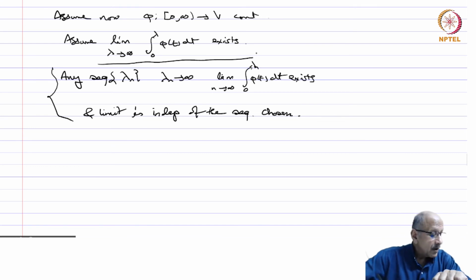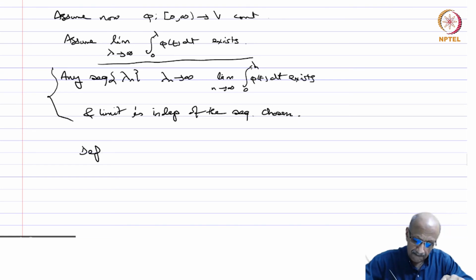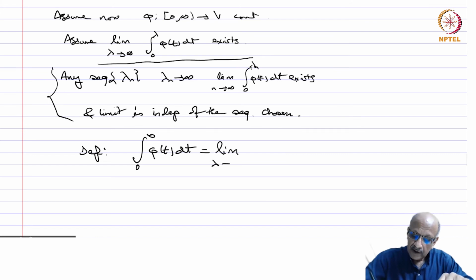Okay. So then we define the integral from 0 to infinity, the improper integral if you like, as the limit as lambda tends to infinity of the integral from 0 to lambda of phi t dt.